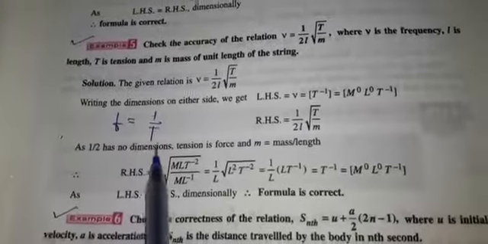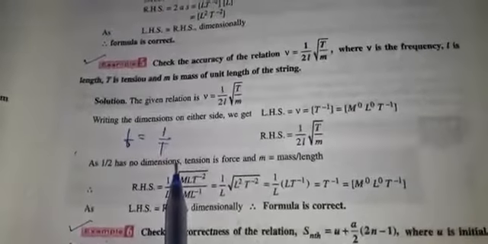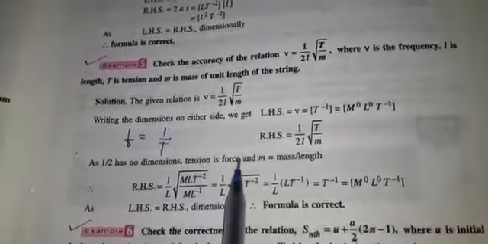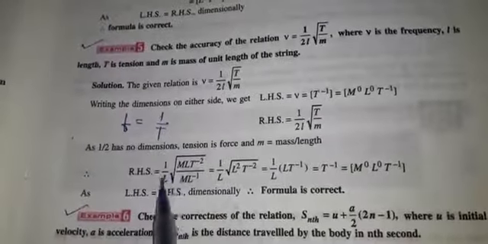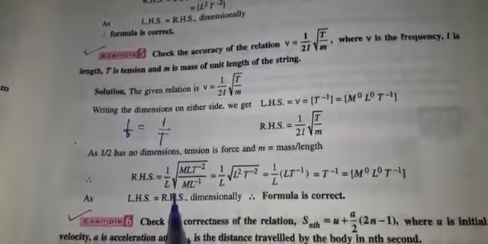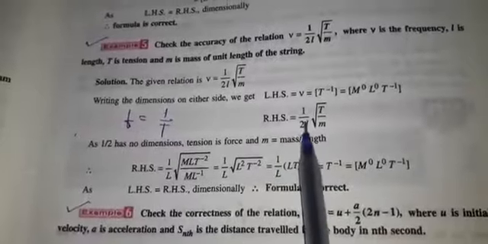See here, 1 by 2 has no dimension, tension is the force, and M equals mass upon length.